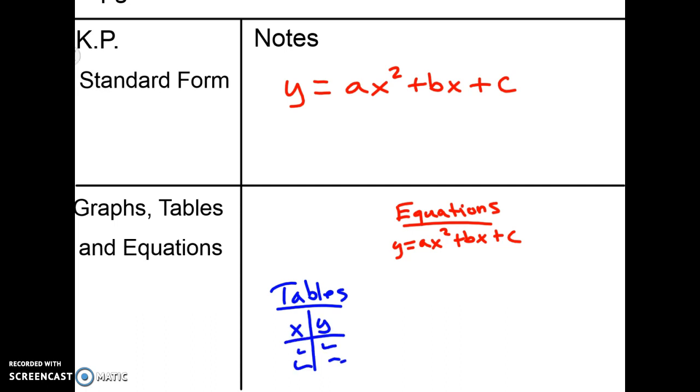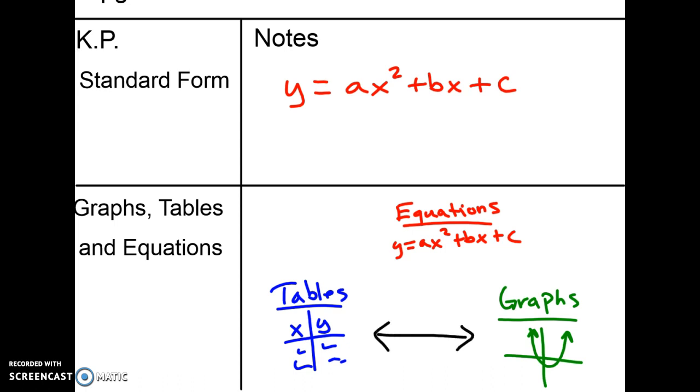And then we have graphs. The graph of a quadratic is called a parabola, and a parabola is going to look something like this. Throughout the chapter, all of these are interrelated.